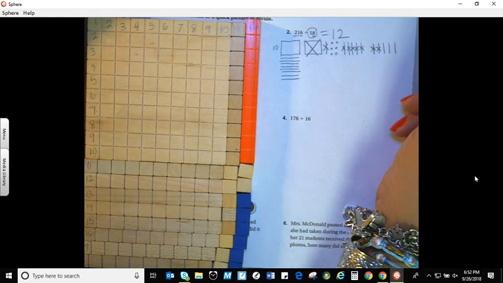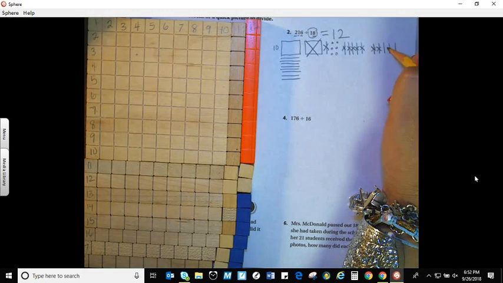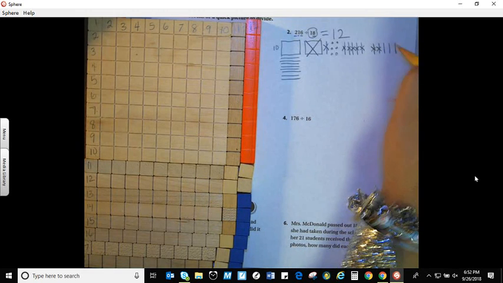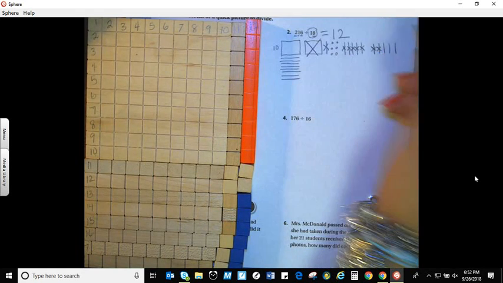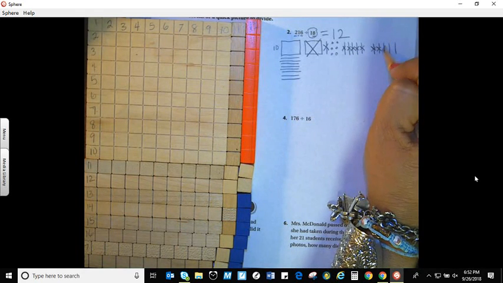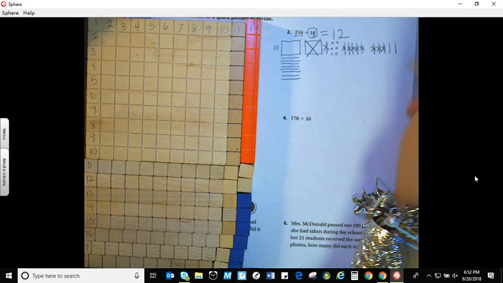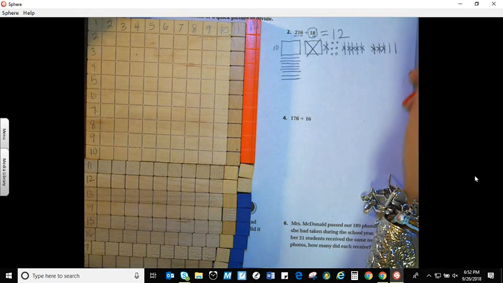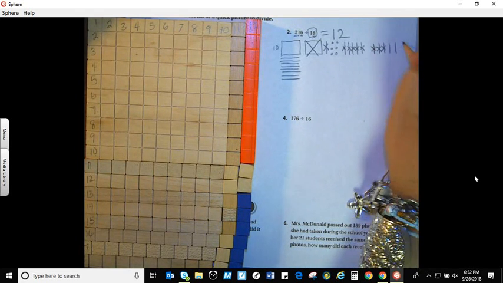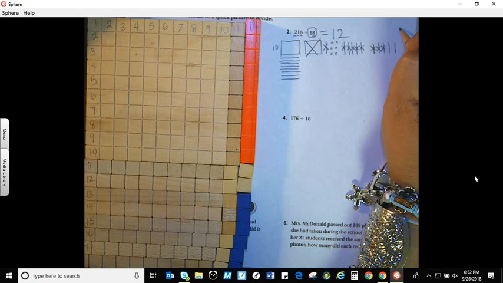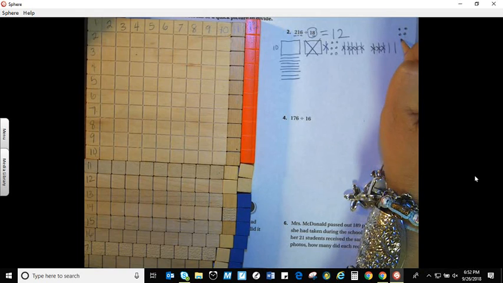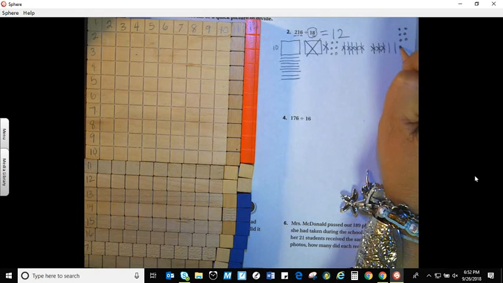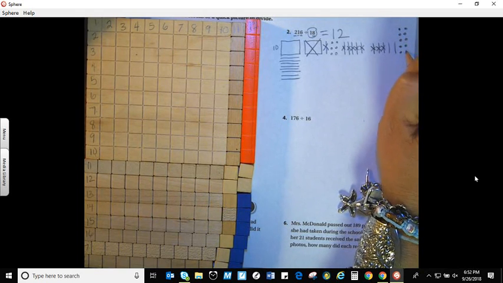How many do I have left over? Well, we had the 3 10s that we had before, plus my 6 1s, and this is what we did. We cashed in a rod, and then we said that we were going to have, we have to have 10, 2, 4, 6, 8, 10.